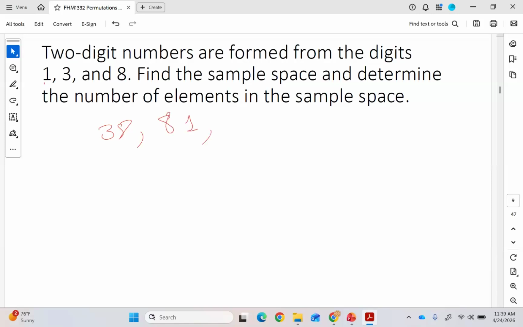So the question is, how many do you have? The sample space would have all of them, and I would want to know how many are inside. What is the total number of two-digit numbers that you can make?